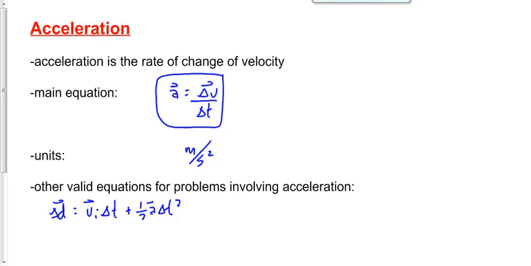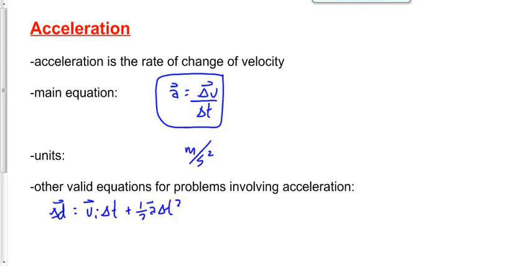Initial velocity. What did A stand for? Acceleration. What did T stand for? Time. Delta D stands for? Delta T stands for change in time, you're right. Delta D stands for displacement, good. Everything in there is a vector except for time, of course, right? No direction associated with that.